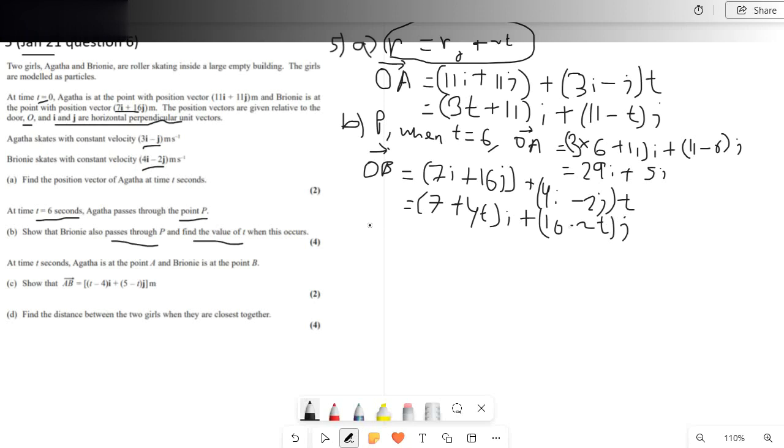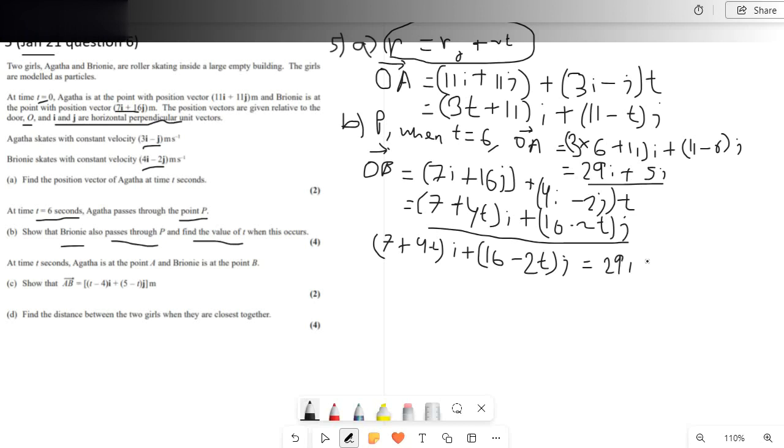And so if Bryony passes through the point P, this whole vector should be equal to 29i plus 5j. So equating OB is equal to 29i plus 5j, we have 7 plus 4t i plus 16 minus 2t j is equal to 29i plus 5j.